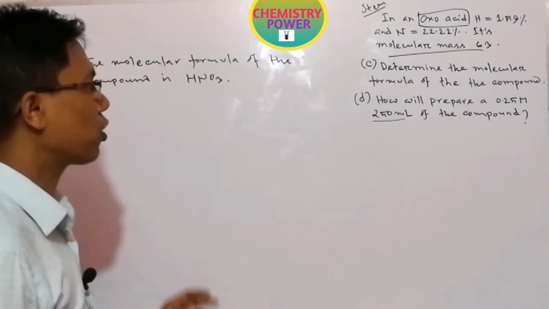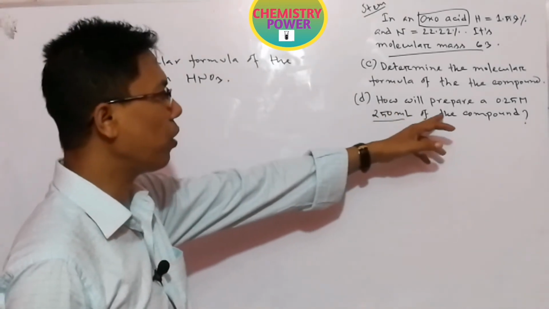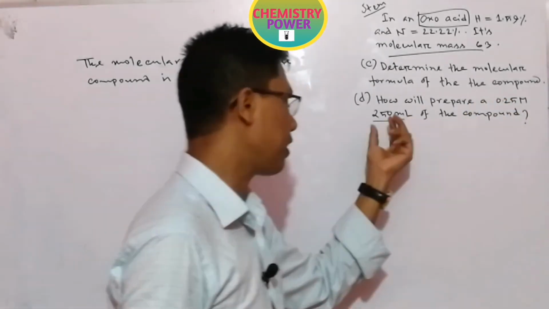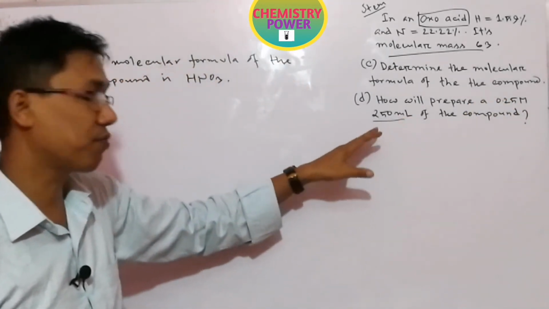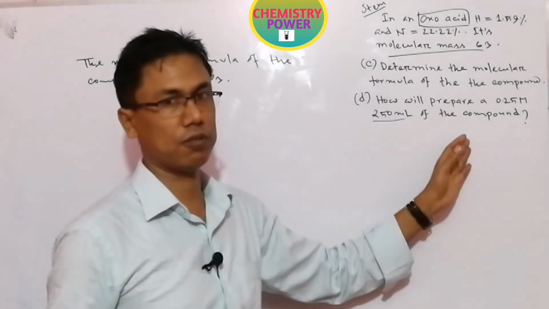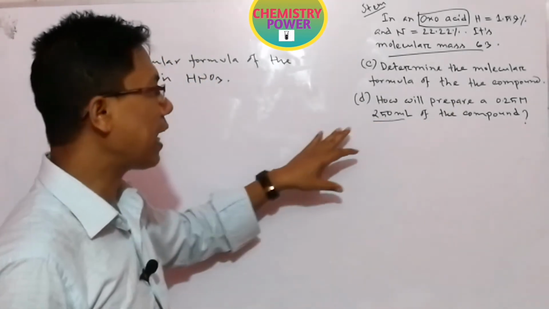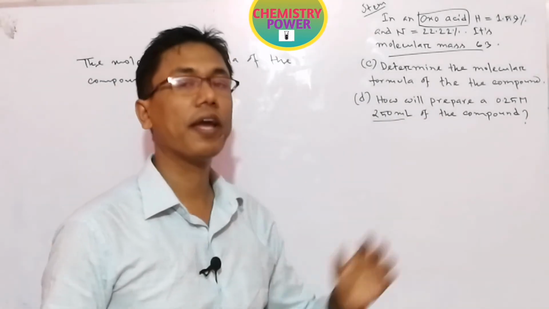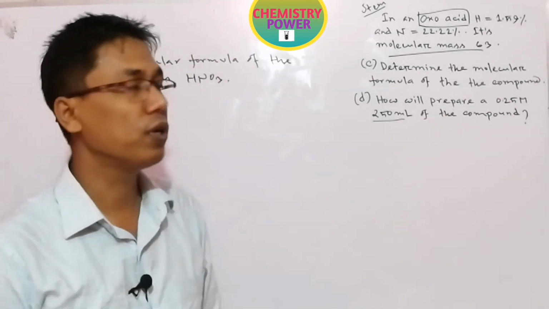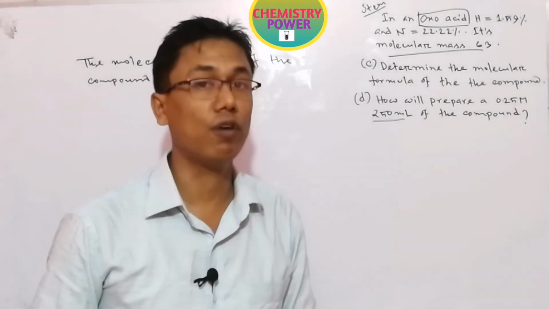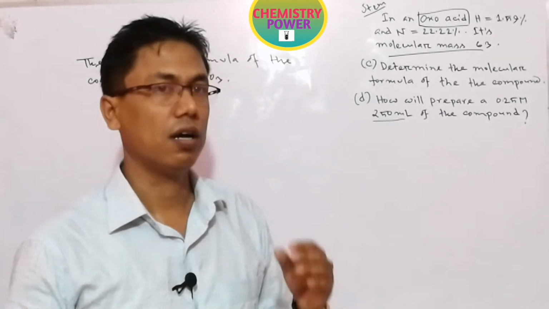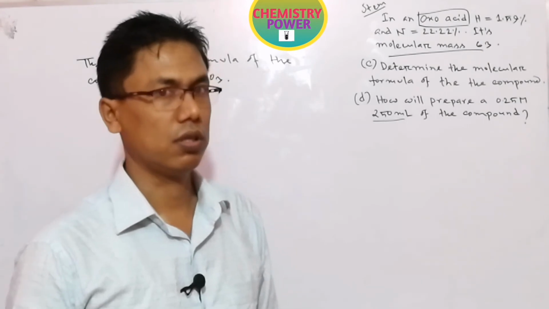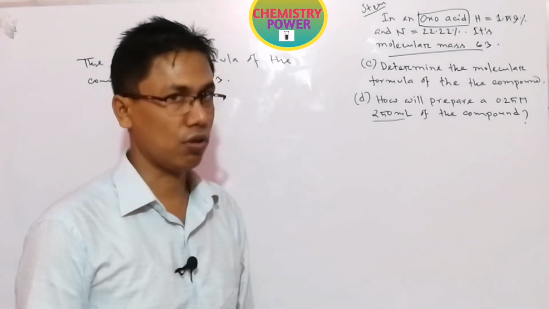Now, come to part D: how to prepare 0.25 molar, 250 ml of the compound. To solve this question, we have a formula related to the volume of the solution, the molecular mass of the compound and the molarity of the solution.